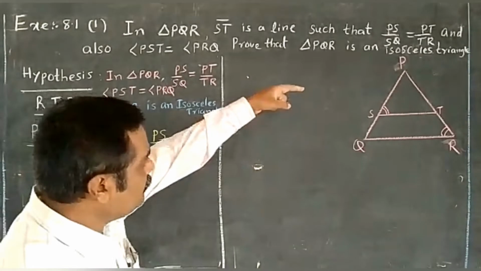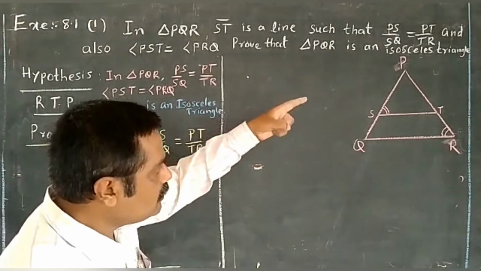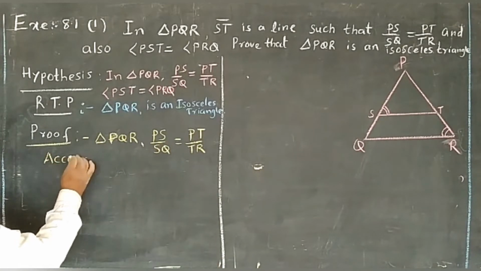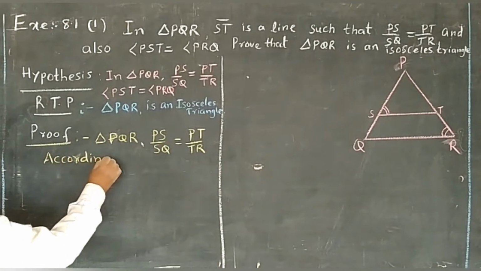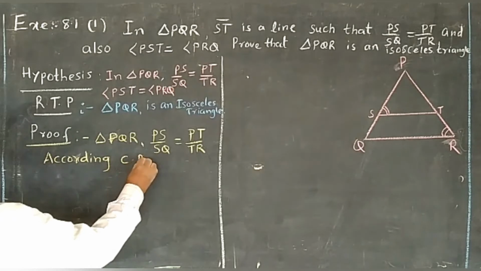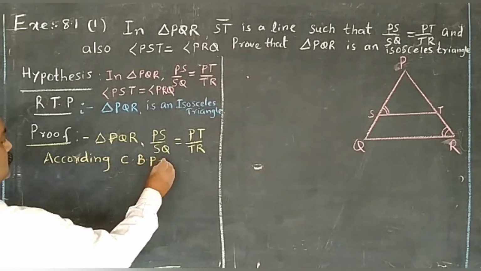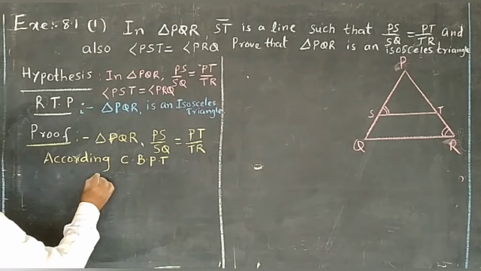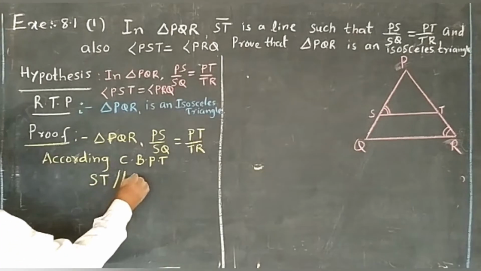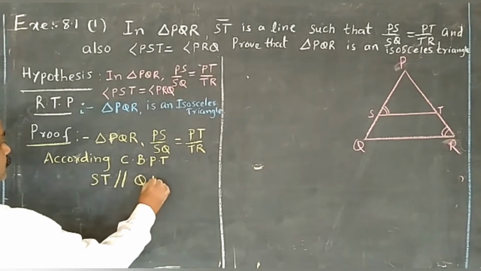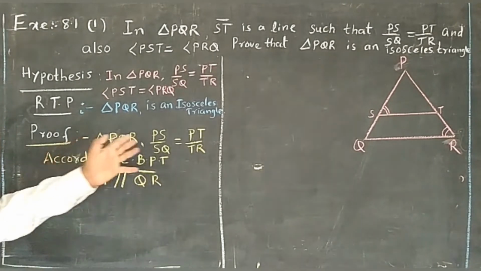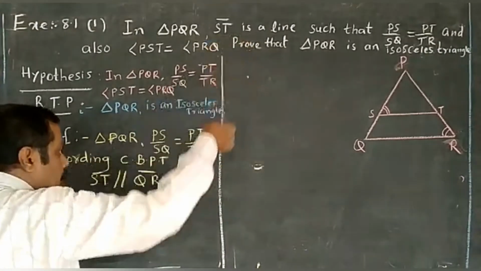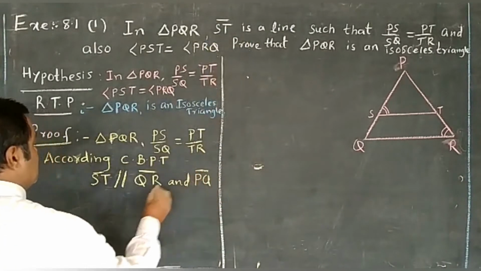When PS by SQ is equal to PT by PR, according to the converse of the basic proportionality theorem, we have to say ST is parallel to QR, and PQ is transversal.